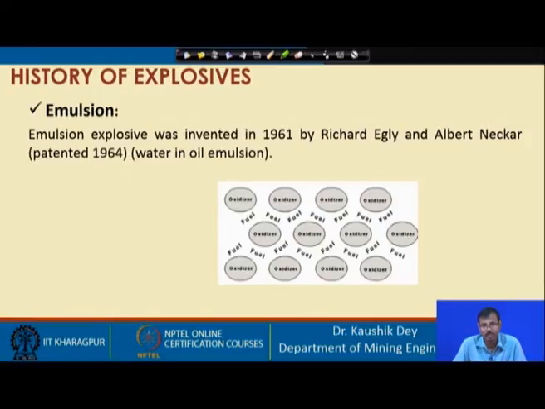the nitroglycerin based explosives. But there are some drawbacks of these explosives also, because the moment you shift from nitroglycerin to ammonium nitrate based explosives, you will find the strength of the explosives becoming less. Ammonium nitrate based explosives are not as strong as the nitroglycerin based explosives, but anyway the strength is not that much less also.